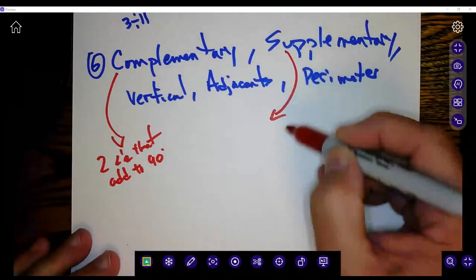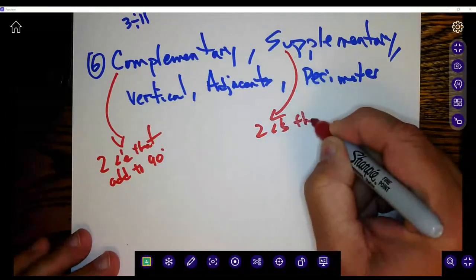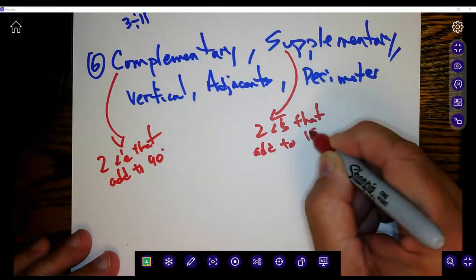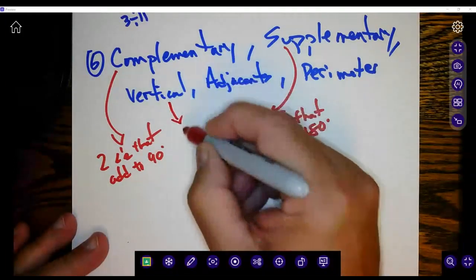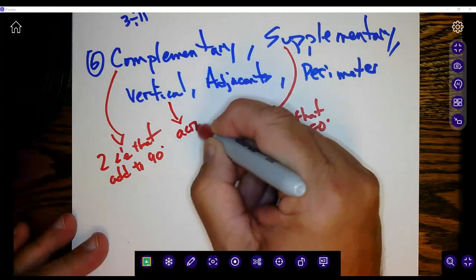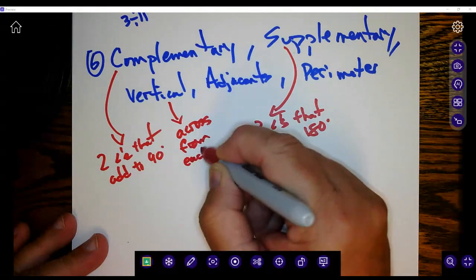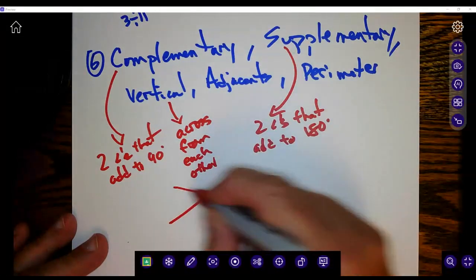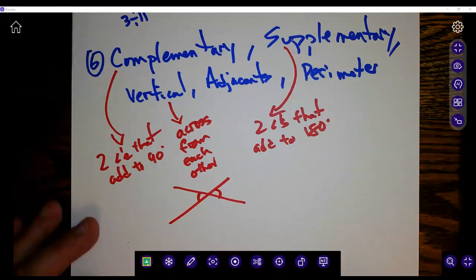Then for supplementary angles, those were two angles that add to 180 degrees. Vertical angles were across from each other. Okay, like this. Those two angles are vertical angles.